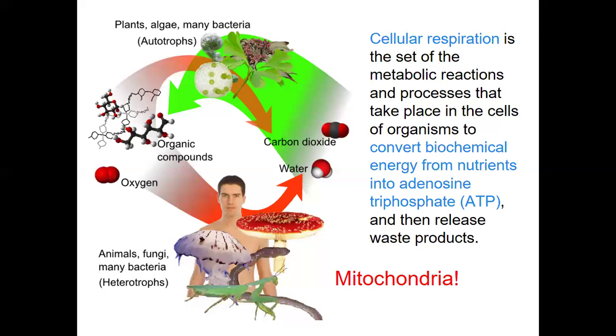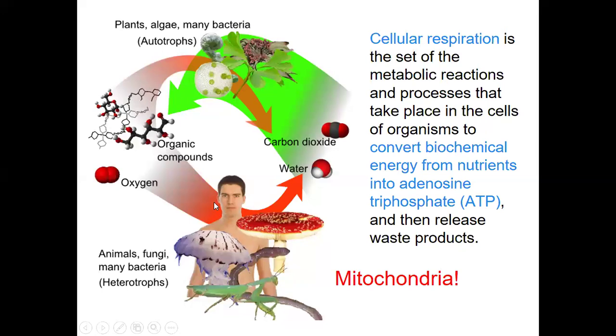If you look generally at the relationship between plants and animals, plants, which are referred to as autotrophs, get sunlight and utilize carbon dioxide and water to produce carbohydrates, which are taken by humans.